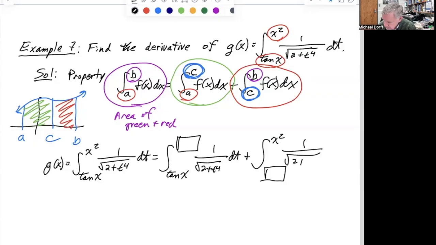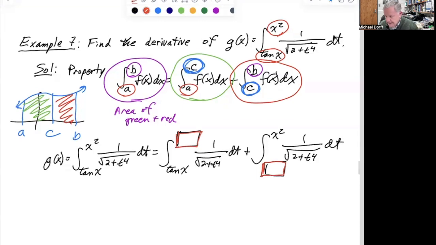And so these boxes in red are like my c's that I did earlier. And I can place them now.